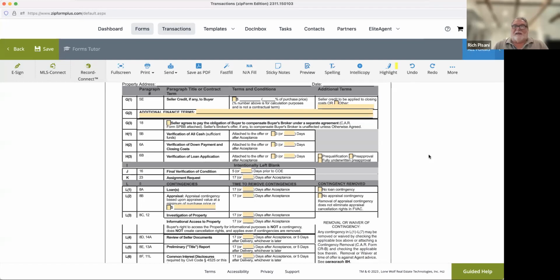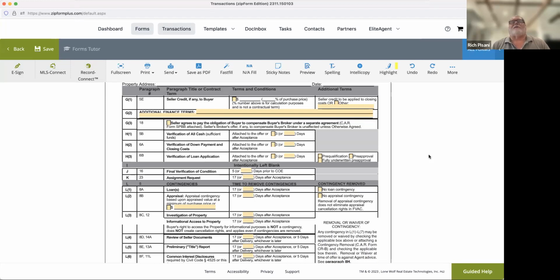G3 is the brand new thing that confused everybody when it came out. So this only applies if there is a buyer broker agreement in place. So if there is a buyer broker agreement in place and you're asking the seller, now here's the example.